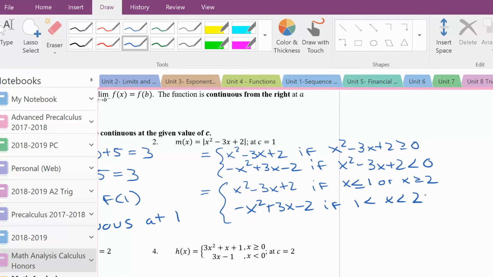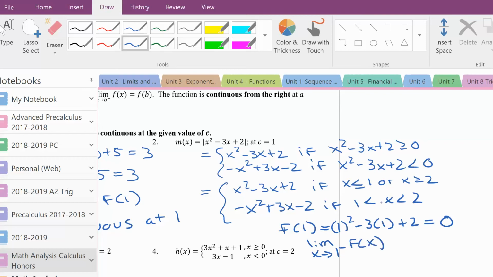So now, to find f of c, f of 1 here, when it equals 1, we get 1 squared minus 3 times 1 plus 2. So it's equal to 1 minus 3 plus 2, which is 0. Now the limit as x approaches 1 from the left, because now it's a piecewise function, so we have to go left and right.